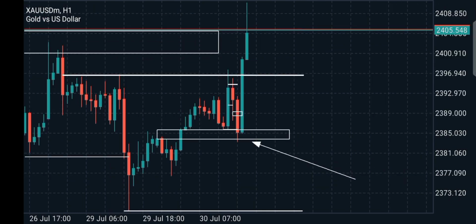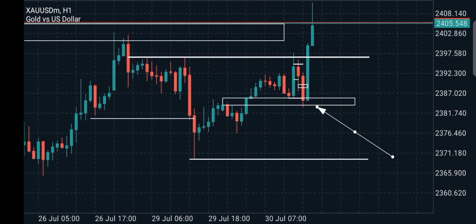Alright guys, quickly before I go, I just want to show you how price reacted to this imbalance on the 1 hour. Like I told you guys, if I should see price come over to this zone and leave here with its wick, that means I will be closing the trade.